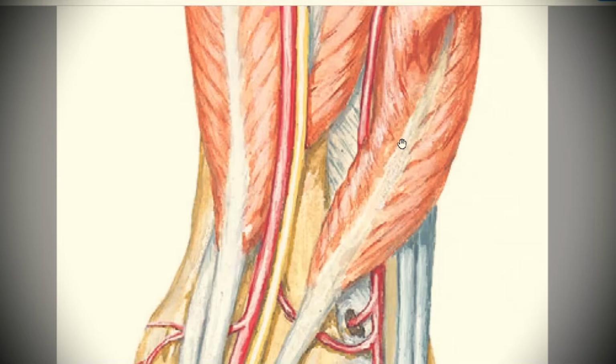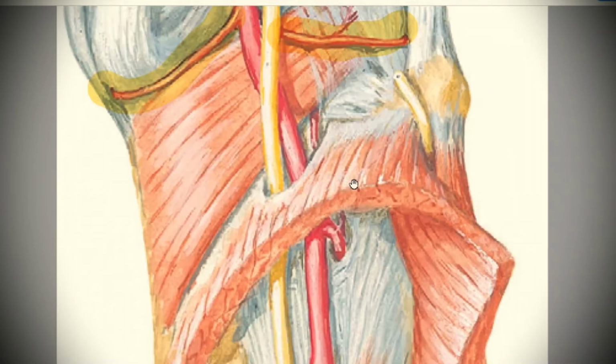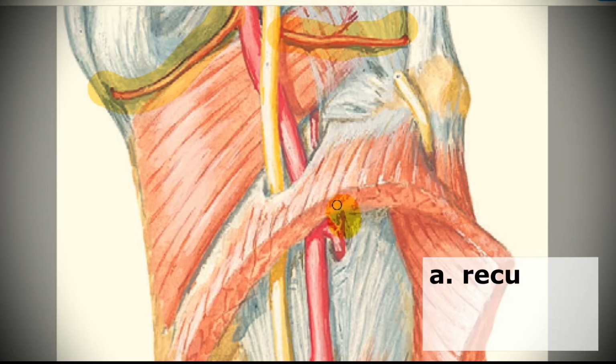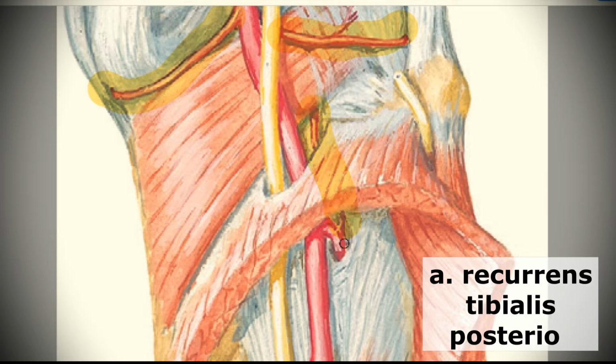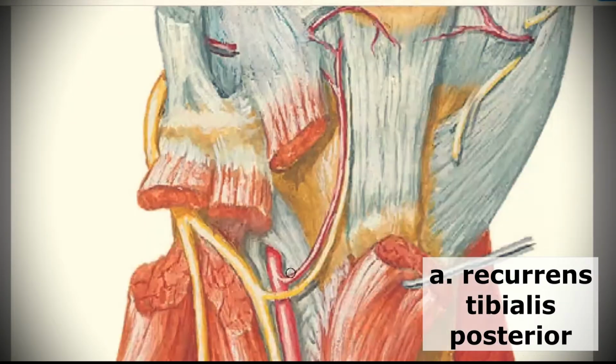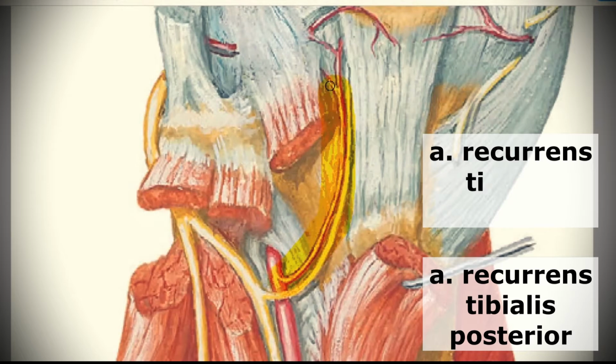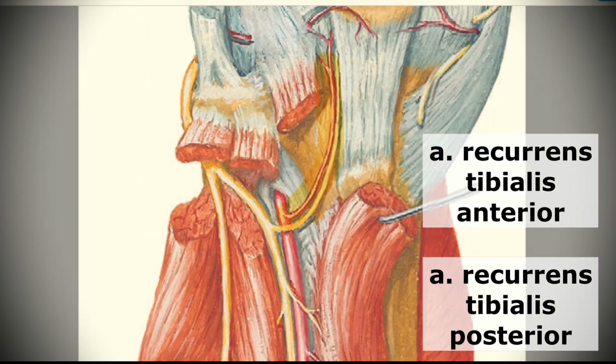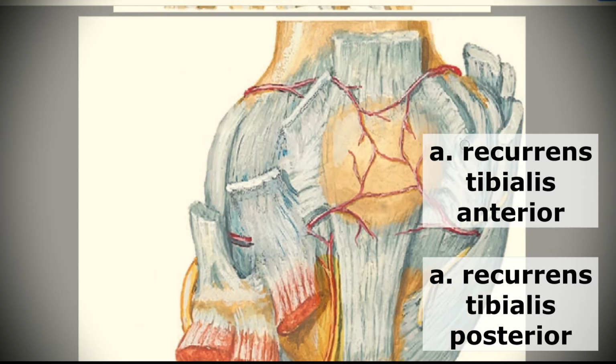These both arteries go up and also supply the knee joint, and they are called recurrent arteries. The posterior one is arteria recurrens tibialis posterior, and the one on the anterior side is arteria recurrens tibialis anterior. So we have two recurrent arteries that come to the knee joint and supply it.